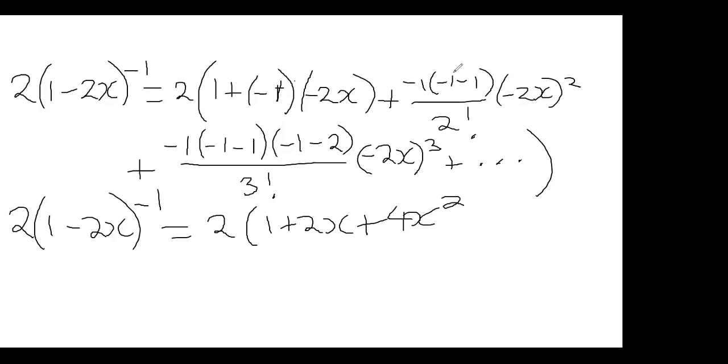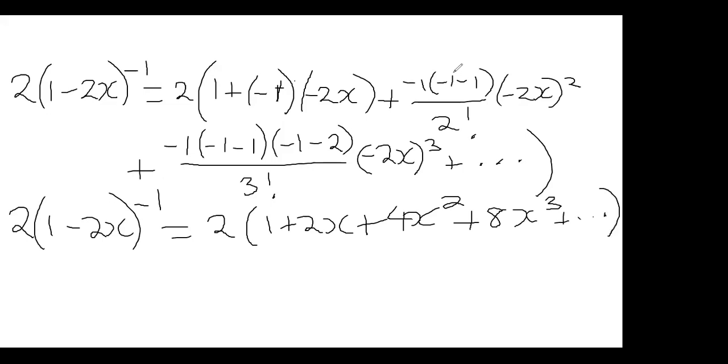Then next one, we have -3 times -2, you get positive 6, times -1, you get negative 6 over 6, so you're getting a positive 8. Positive 8x cubed, then that continues like that.